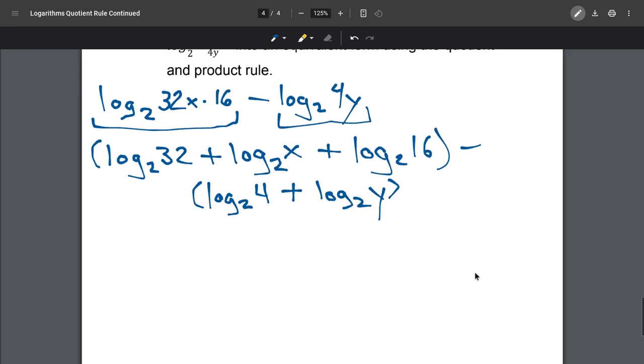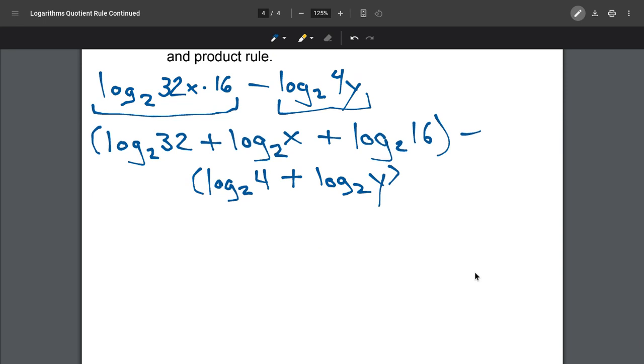Okay, so we've got to figure out how many 2's we multiply together to get 32. So if I do 2 times 2 times 2 times 2 times 2, that's 1, 2, 3, 4, 5 2's. So we've got 5 plus, we still got log base 2 of x. Then we've got to figure out what log base 2 of 16 is.